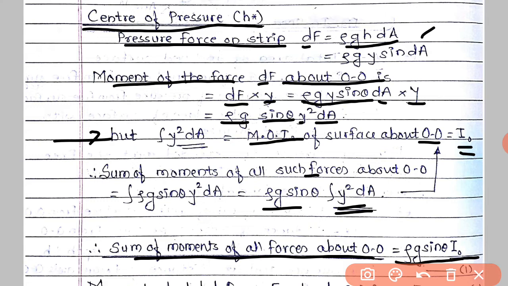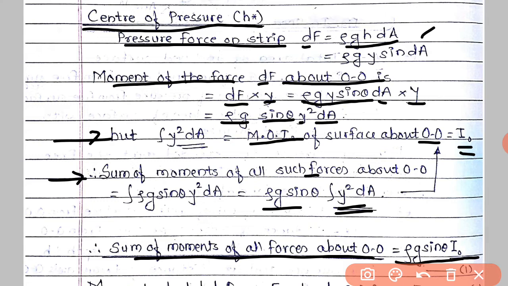So here we are going to use principle of moments. Principle of moments states that moment of resultant force will be equal to sum of moments of all the forces on the body. So how to calculate sum of moments of all the forces?